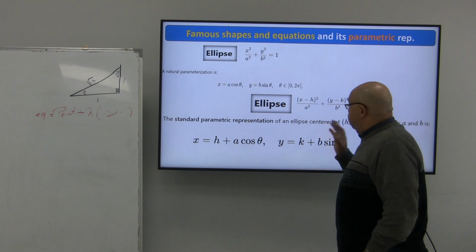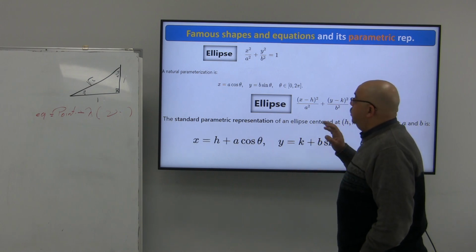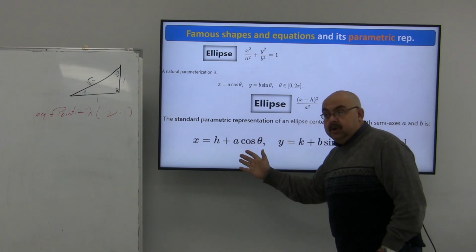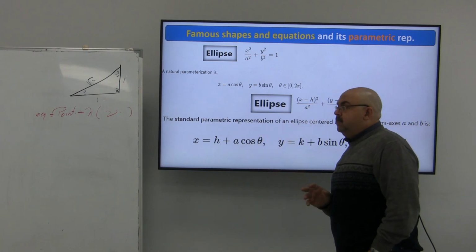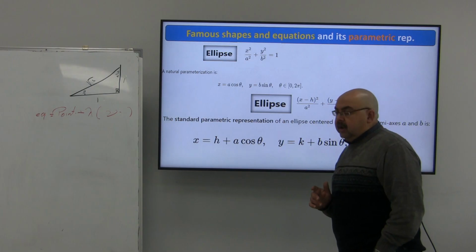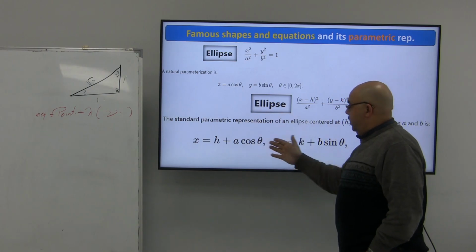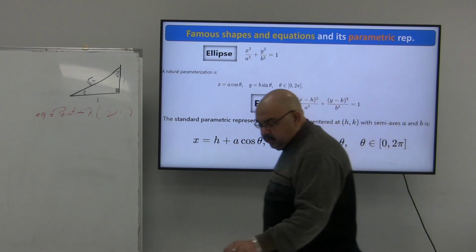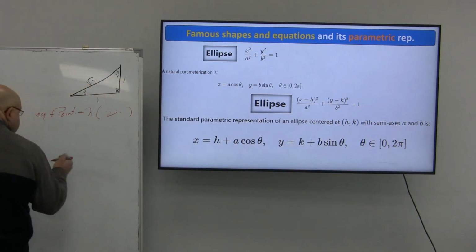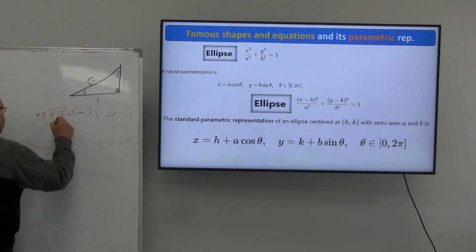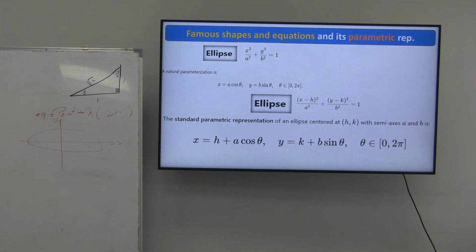Yeah, I understand. Okay, so first of all, you will have to put your equation in this form in order to have a successful parametric representation. Some people will get lost understanding the ellipse shape and how x and y work. Simply, this is the ellipse, and that's the x-axis and y-axis. I'm talking about the general case first.